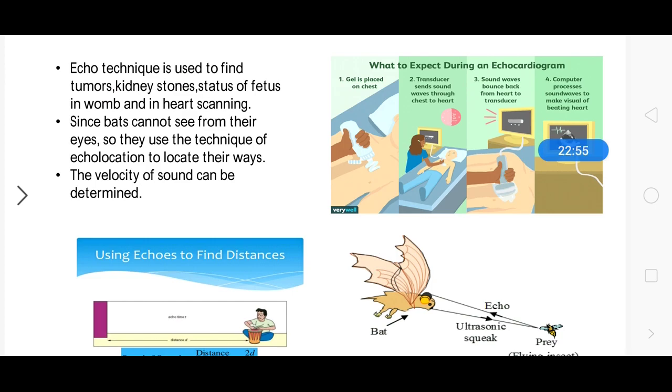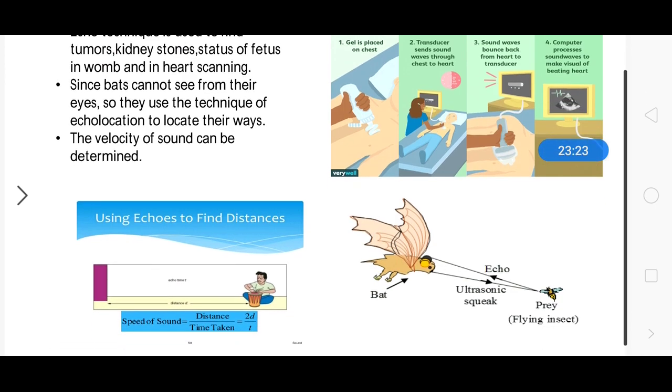And the fourth step is that the computer processes the sound waves to make a visual of the beating heart. In this way the heartbeat can be analyzed, and we get a clear picture and complete information about the heart using the echo technique.